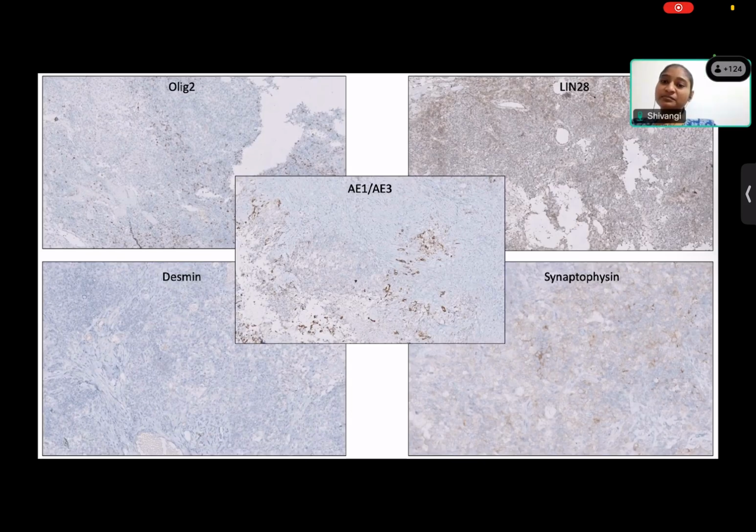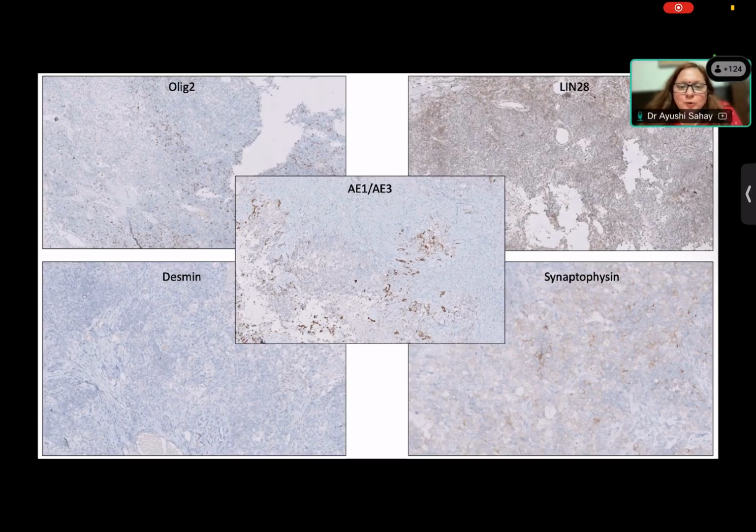LIN28 is negative, so what is ruled out? ETMR.